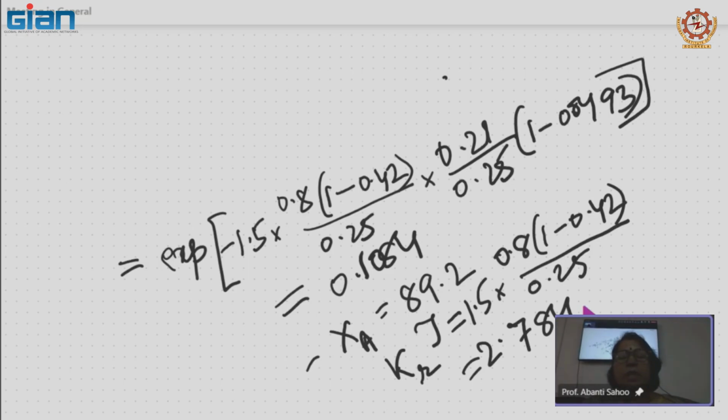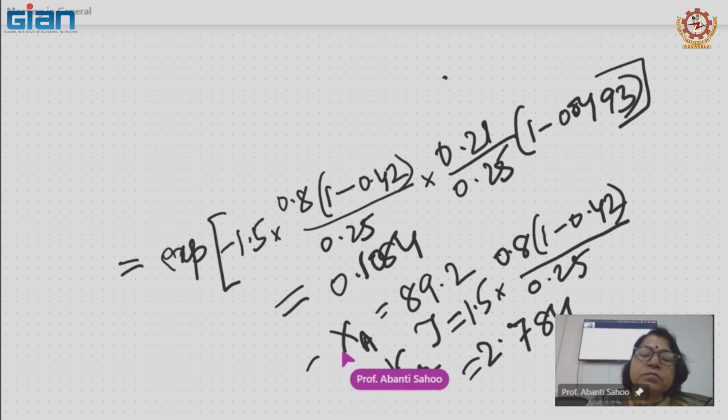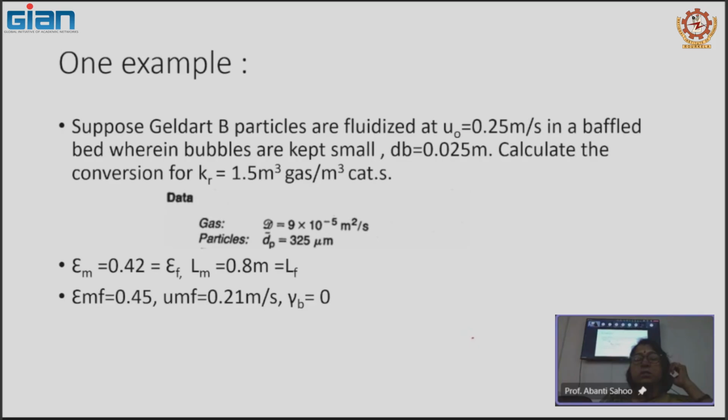So, X_A, the percentage of conversion, is 89.2%, and the dimensionless reaction constant is 2.784. This is for the third model, which is the large size particles that we considered.